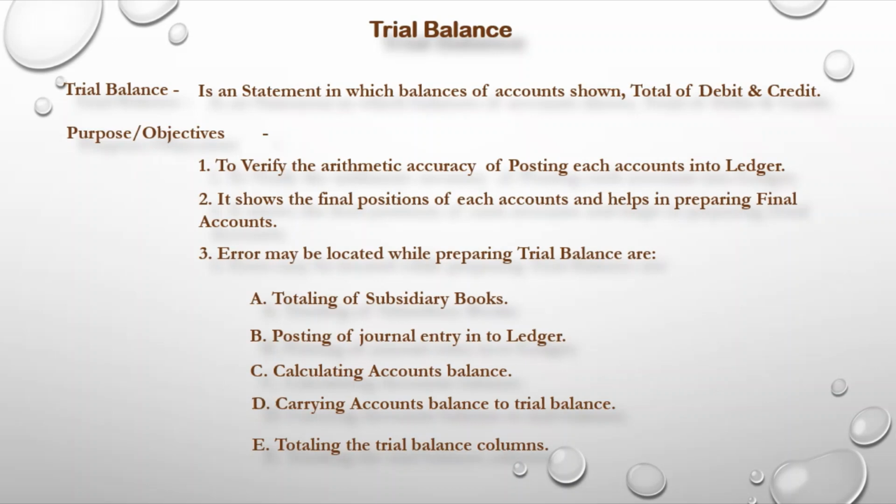After putting all the account balances into the trial balance, you have to total the debit side and credit side, and then both should match. So these are the errors you might find during preparation of trial balance. So you need to work carefully.